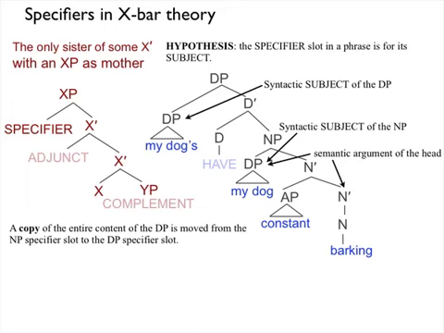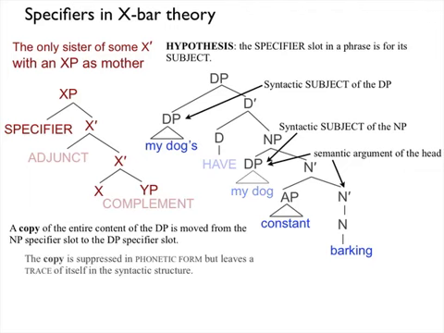The standard way is to say you started out in the NP, and then you make a copy and move that copy, put it up at the top, and then when you do that, you delete the lower version of it. So you're not going to repeat it, right? It's sort of silly to say "my dog, constant barking", that's just stupid, right? So the copy is suppressed in phonetic form.